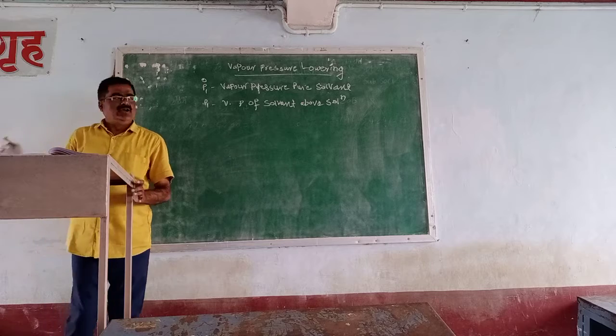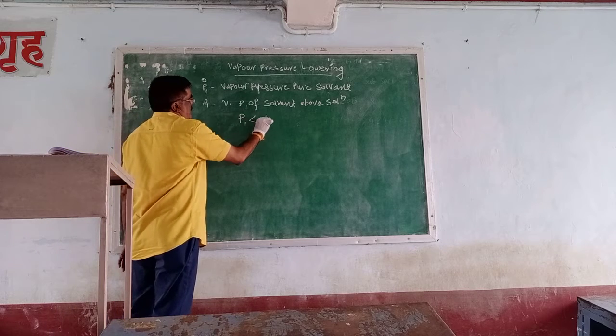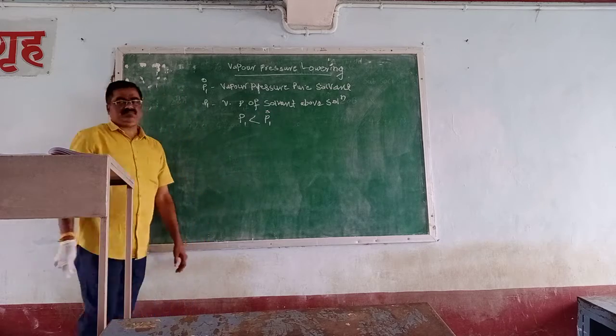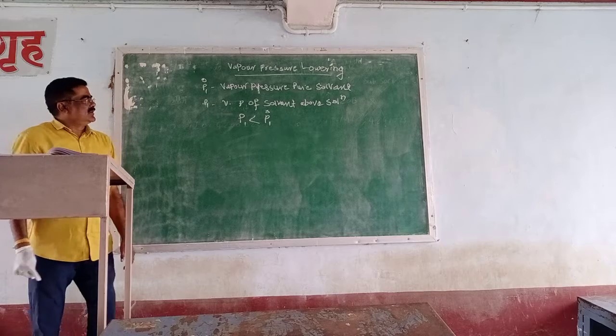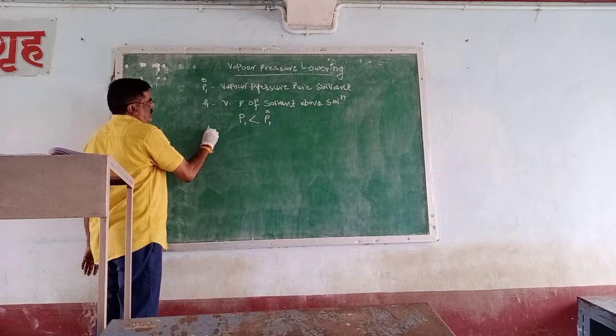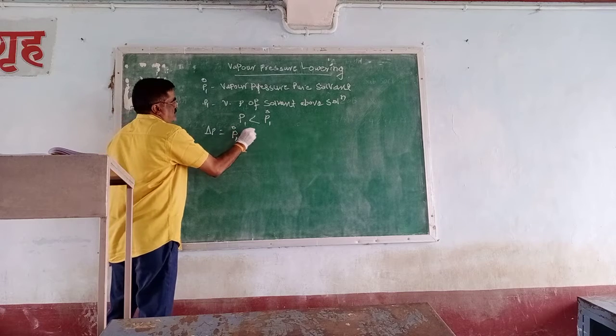Then P1 is smaller than P1 naught. The vapor pressure lowering, that is delta P, is equal to P1 naught minus P1.